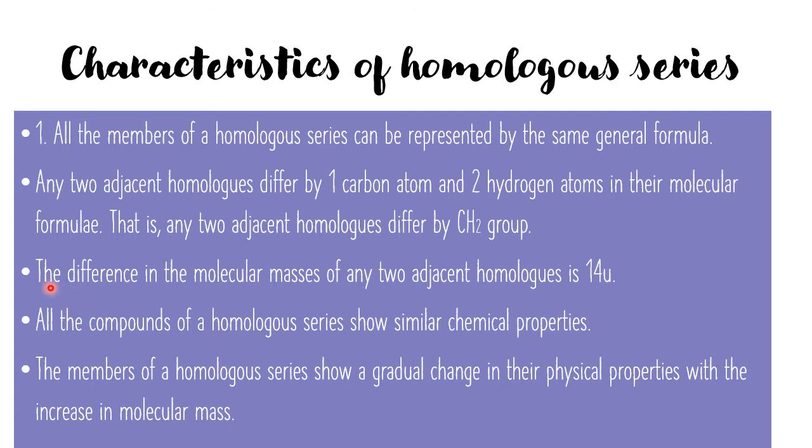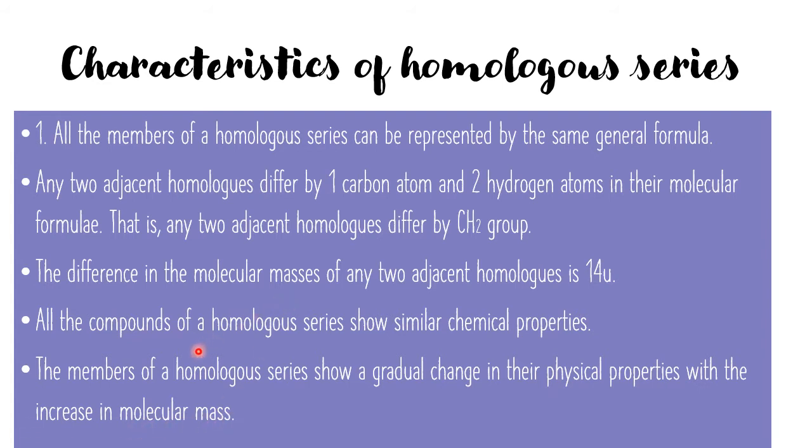Third, the difference in the molecular masses of any two adjacent homologues is 14 U of mass. Next point, all the compounds of a homologous series show similar chemical properties, whereas the members of a homologous series show a gradual change in their physical properties with the increase in molecular masses.